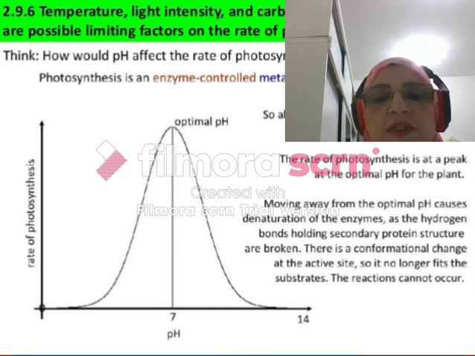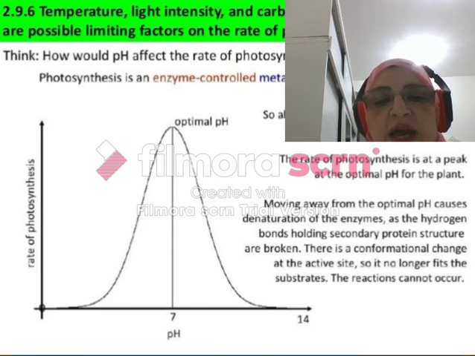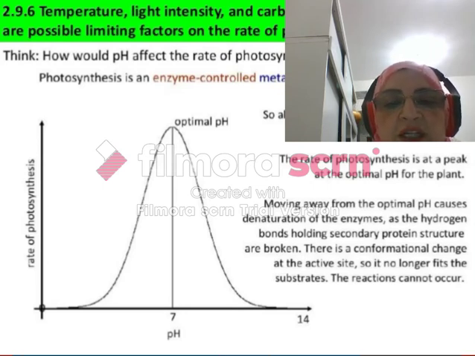The rate of photosynthesis is at the peak when the pH is at its optimum for the plant. Moving away from the optimal pH, up or down, will lead to denaturation of the enzyme because the hydrogen bonding holding the secondary protein structures will be broken, and then a change happens in the active site, so that it no longer fits the substrate and the reaction cannot occur.